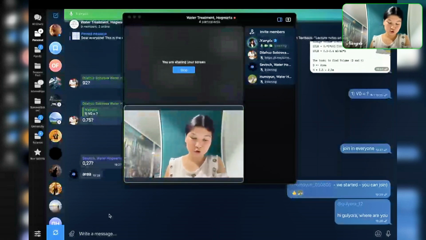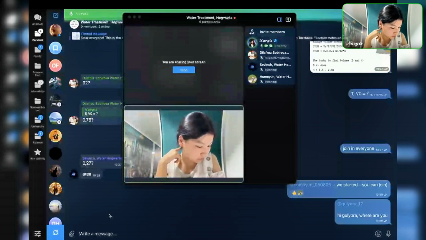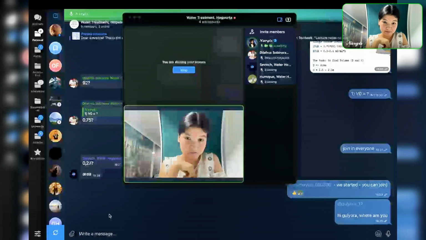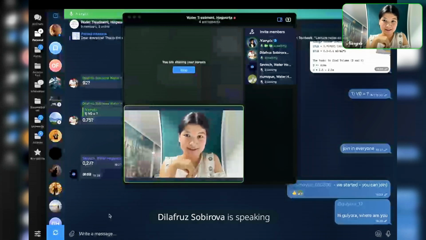Yes. So also your V0 is 0.75, but look at the units. It's meters per hour, right? But your flow rate is meters cubed per day.